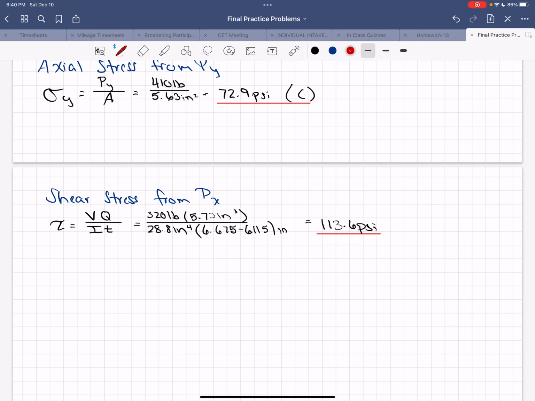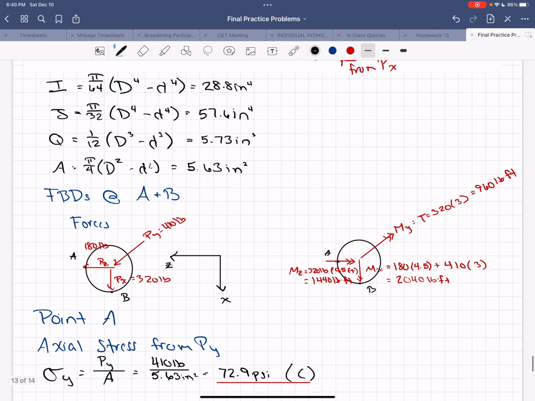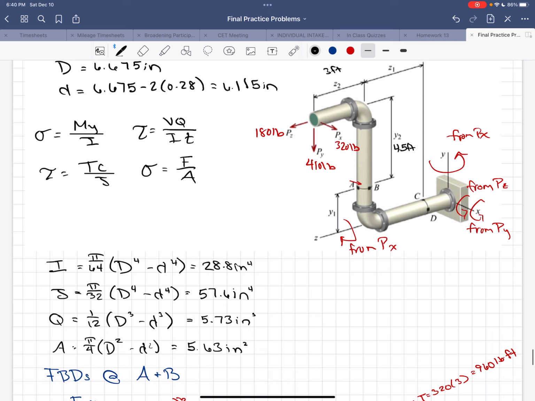Now let's draw a stress block of that. The stress block means nothing without labeling the axis. When we're looking straight on at A, the axis that we're going to have is the XY axis. And this arrow that we drew is acting in the positive X direction on the positive Y face.